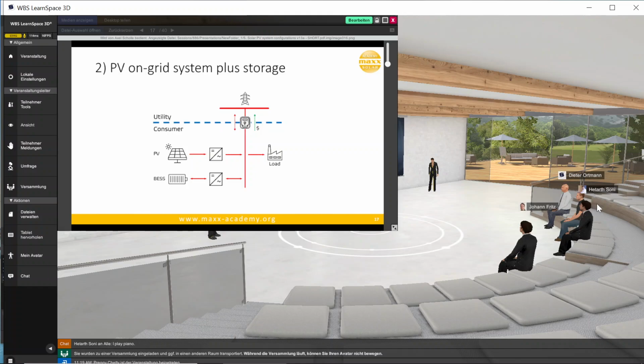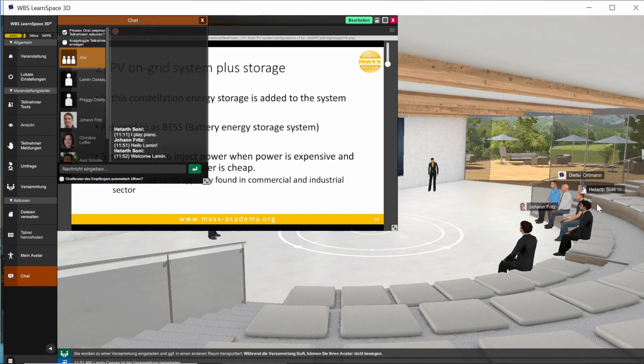Before I go ahead, let me follow my slides. In this constellation, we are adding the energy storage system, BESS, and that's the beauty of it. Here I'm talking specifically about commercial and industrial. The system is able to inject power when power is expensive, and this refers specifically to time of use tariffs, and recharge the battery energy system when the power is cheap.